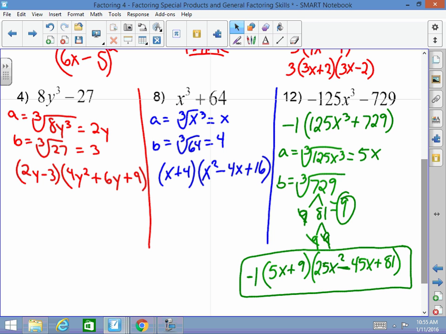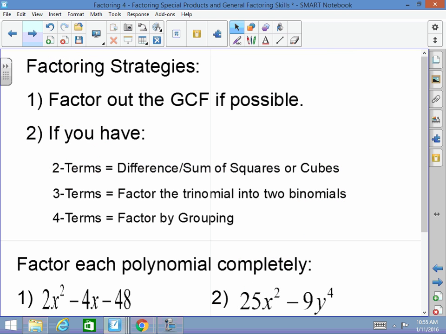Then let me go over the last part of today's lesson, which is just a brief overview of general strategies for factoring overall. So factoring strategies. Number 1, no matter what, guys, factor out the GCF if possible. Number 2, if you have two terms, you're either dealing with a difference of squares or a sum of squares, or a difference of cubes or a sum of cubes.